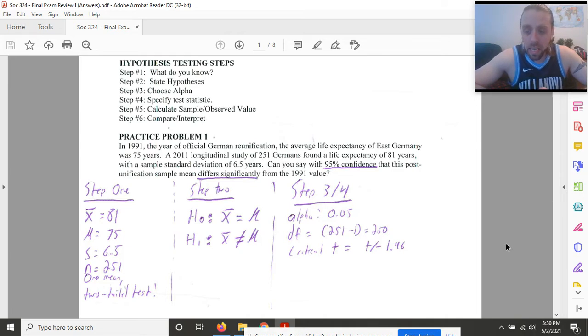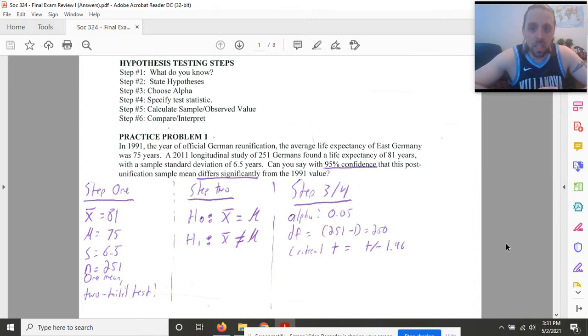Nothing in the wording tells you that something is expected to be greater or less than. Anytime you see just a significant difference and not more than that, that tells us right away we're doing a two-tailed test.